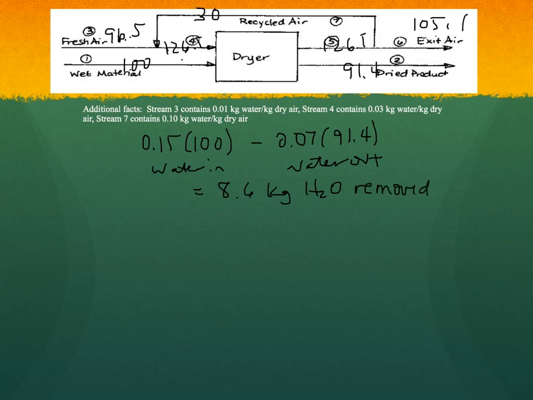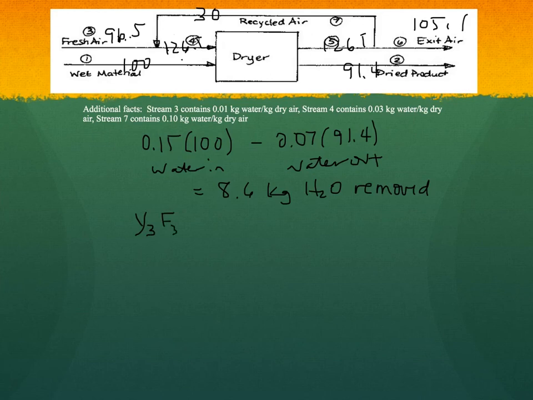Now the next question is, how much dry air was in the fresh air feed? Well, we actually have that information, just that we have it as percentages. So we want Y3 times F3.